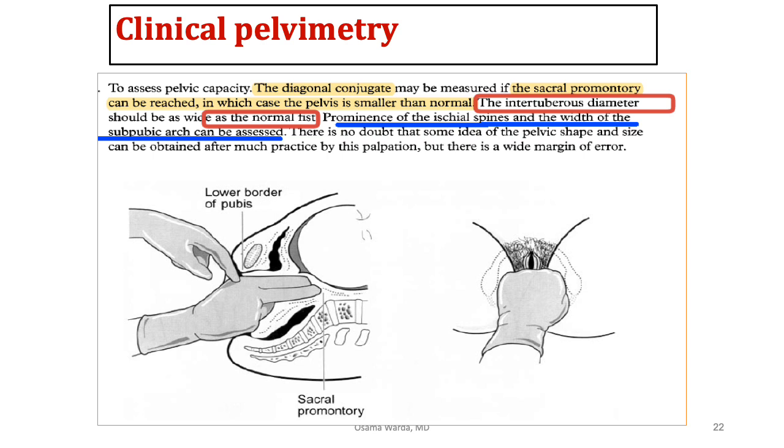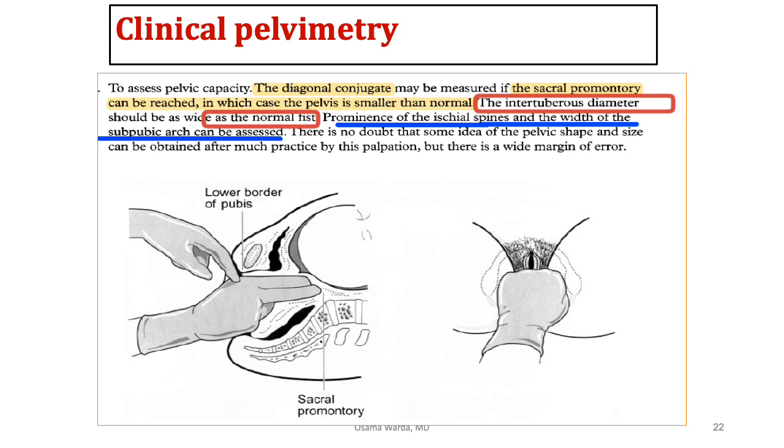If the sacral promontory is felt, it is a short diagonal conjugate. In this picture, with your right hand, you measure the diagonal conjugate, directing the index and the middle finger toward the sacral promontory, and measuring the distance from the tip of your finger to the subpubic part.